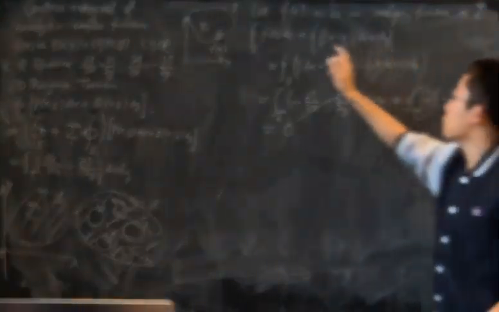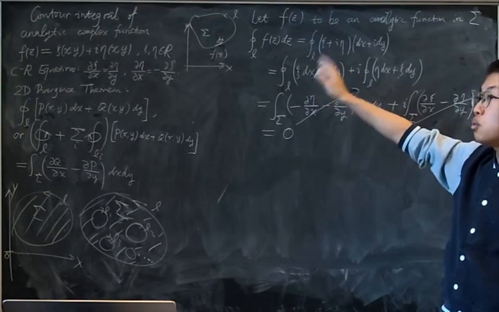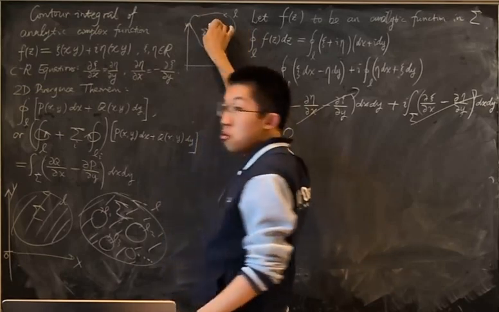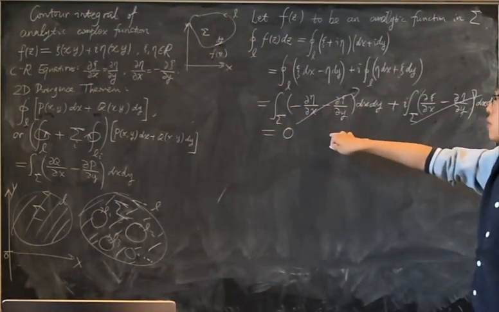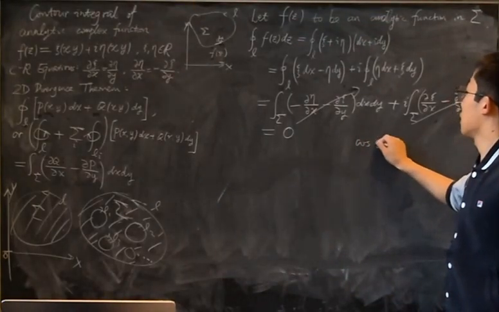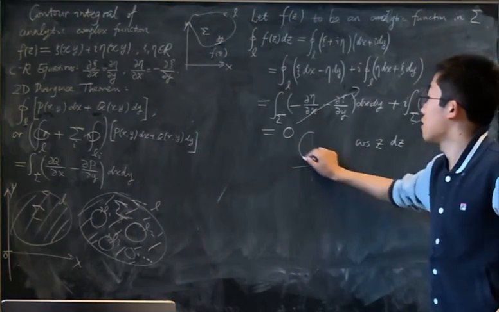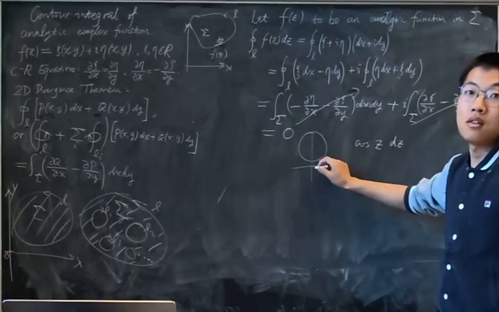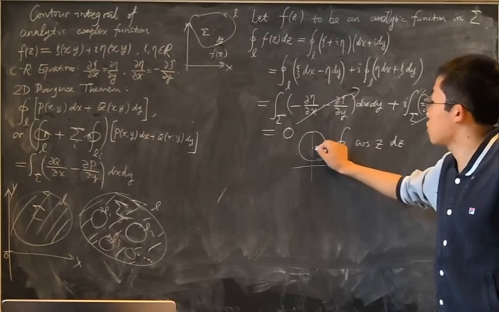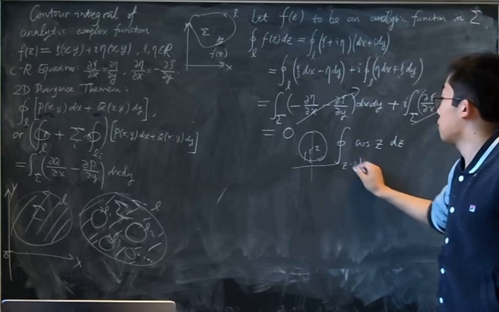But when f(z) is a complex function and it is analytic in some region, then if we do the integral along the boundary, the integral result is always 0. For example, I can say cosine z dz along this circle. For example, the center is 2 and the radius is 1. I would say absolute value of z minus 2 equals 1.